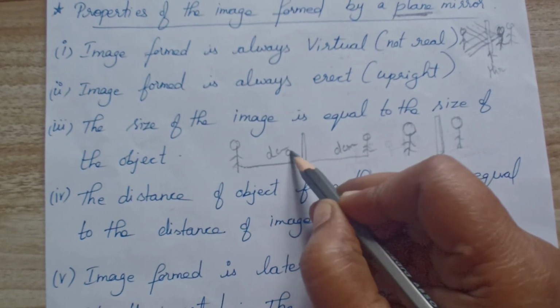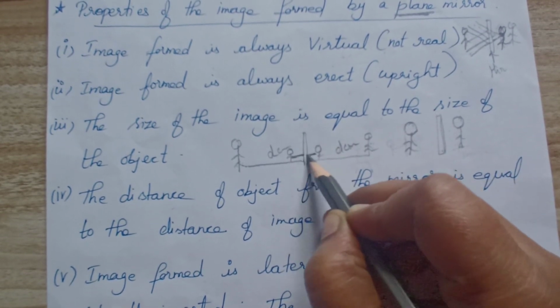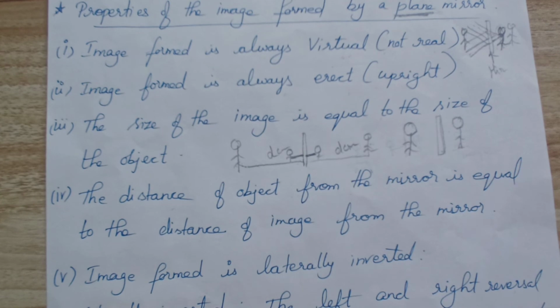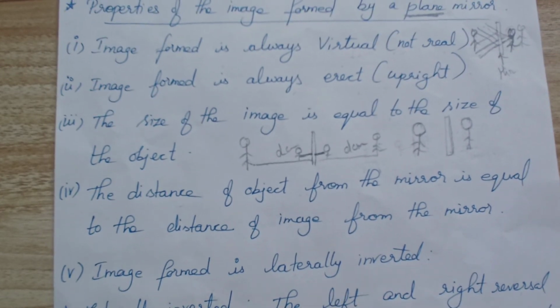For example, if you are standing here, your image will be formed here. These two distances are always equal.